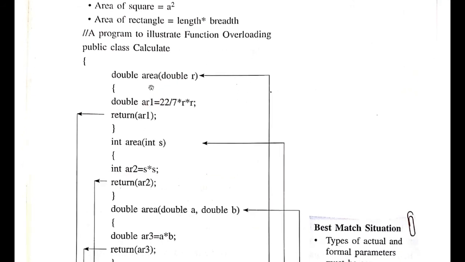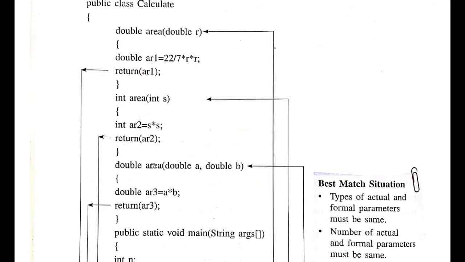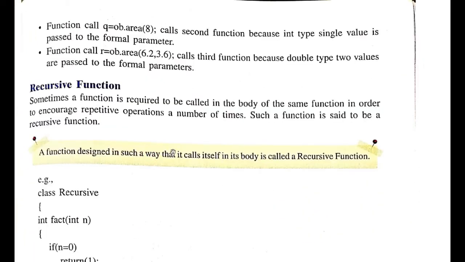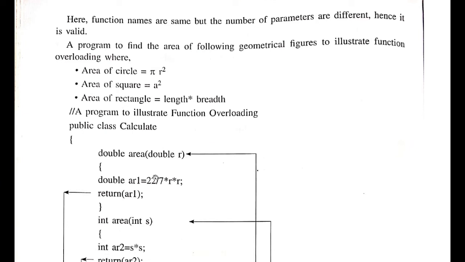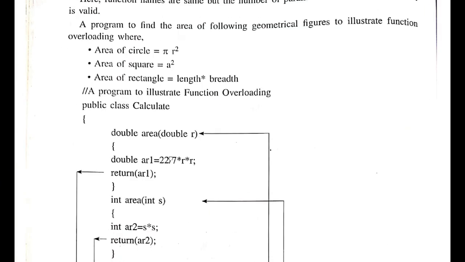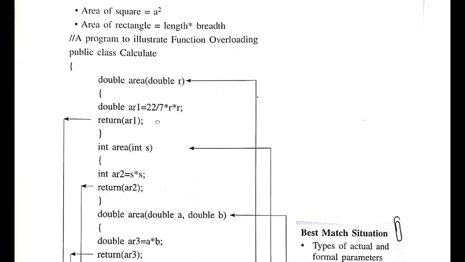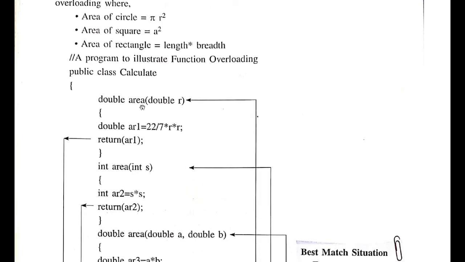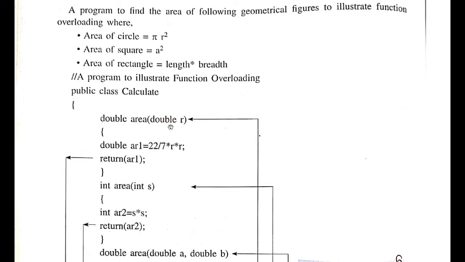It is area, area and area. The first area definition is for circle and second area definition is for square and third area definition is for rectangle.